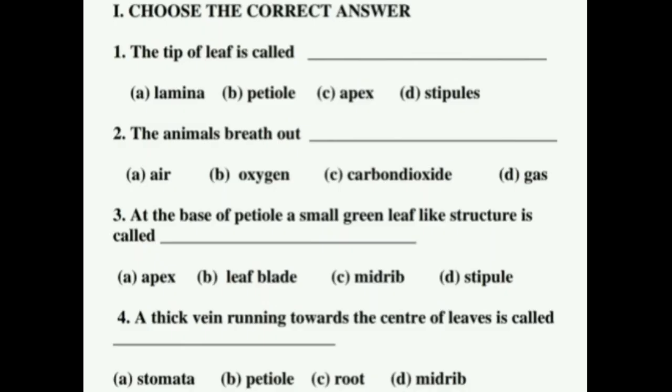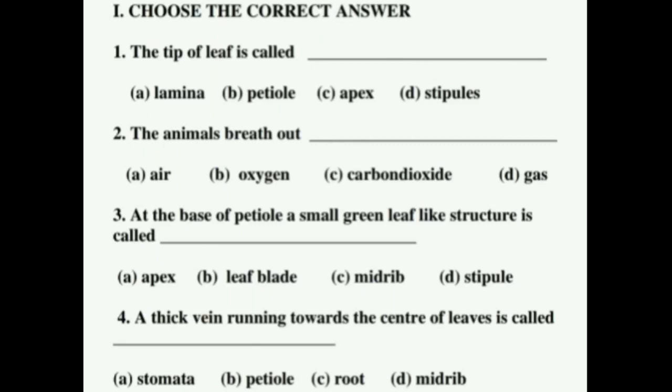And now I am going to give the answers for your last worksheet. Choose the correct. 1. The tip of leaf is called dash. Answer, apex. 2. The animals breathe out dash. Answer, carbon dioxide. 3.